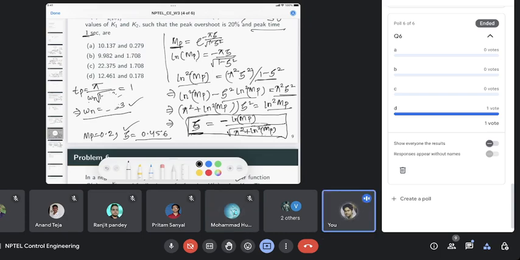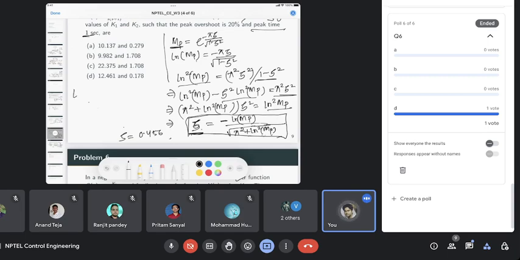Yes, sir. So once you get this damping ratio, you have this formula, right? Let me write it again. Your damping ratio you found to be something like 0.456, from this formula, right? Yeah. Then you are given the peak time also, right?